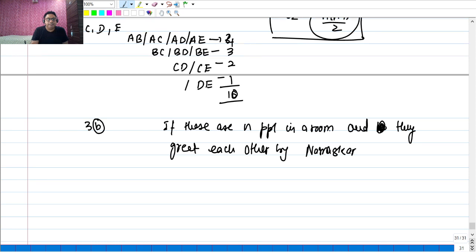By namaskar, then the number of namaskars would be, so how many namaskars would there be?